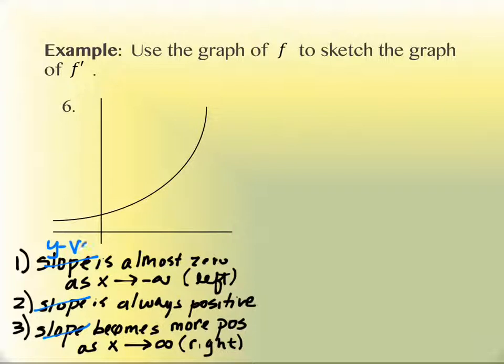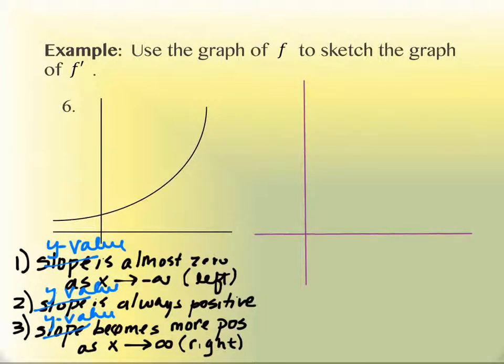Let's change these all to say y value. And let's sketch that graph really quickly. What does it look like to have a y value that's almost 0? Where are you if it's almost 0?